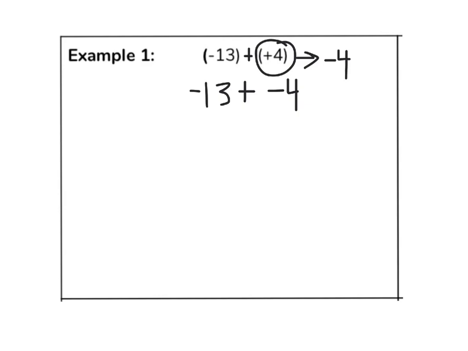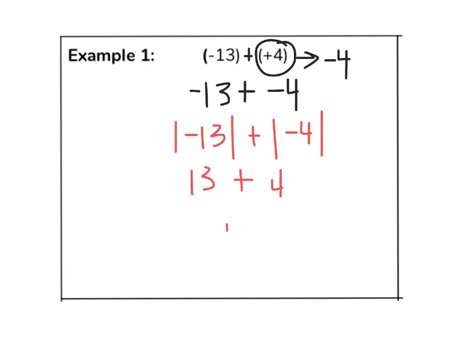If you think back to our steps for adding integers, which is also included in your note sheet, remember that we find the absolute value of each number, and then since they are the same signs, we are going to add them together and keep the negative. So the absolute value of negative 13 is 13, plus the absolute value of negative 4 is 4.